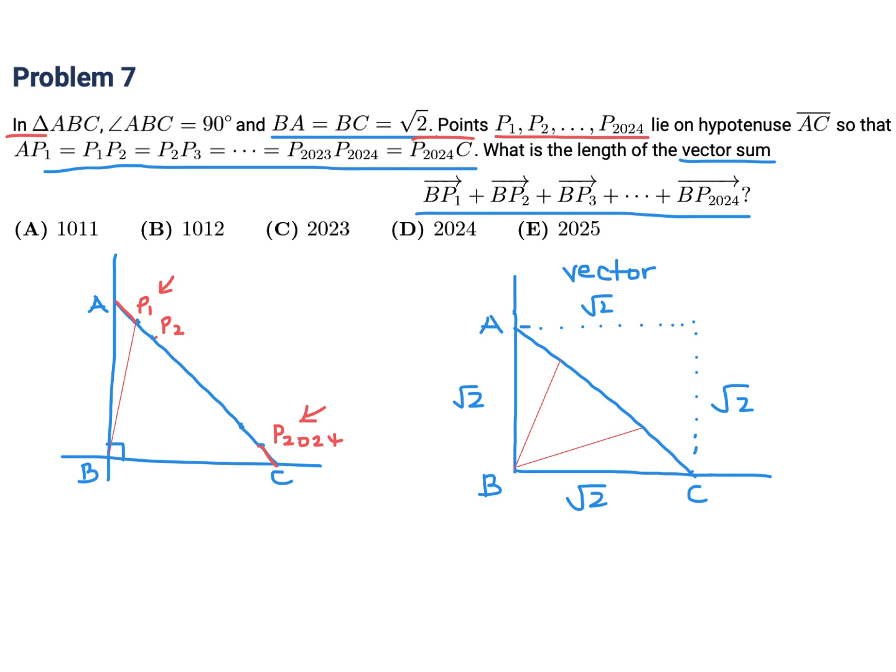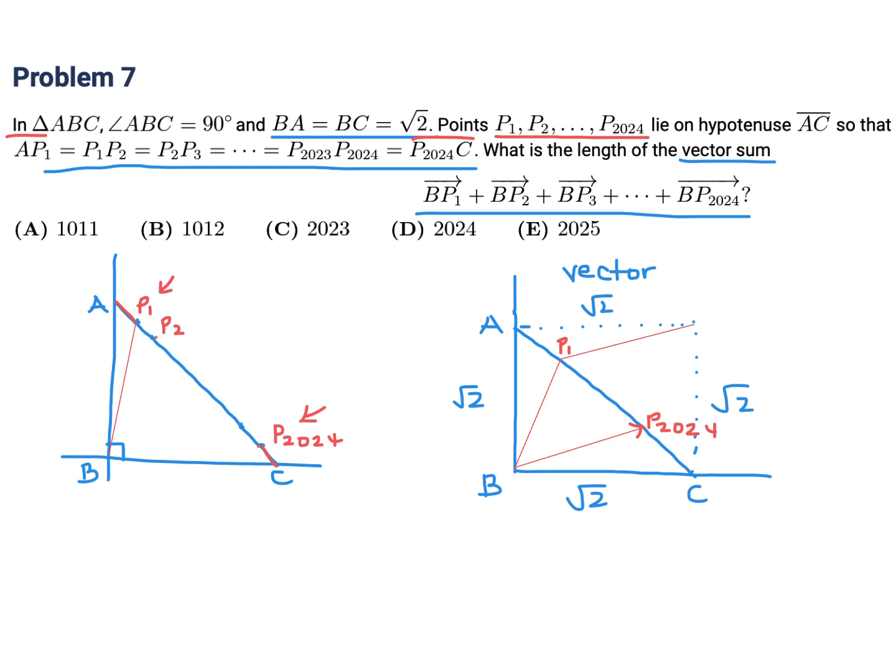I drew from B to P1, and then I drew B to P2024. Now this vector that's going from B to P2024, I'm going to superimpose it and just push it up a bit so that it lands here. I'll just draw it like that. You see what I did there? I just moved it up.